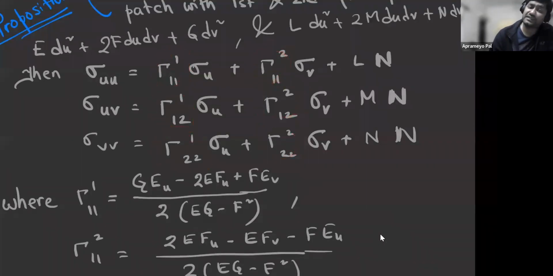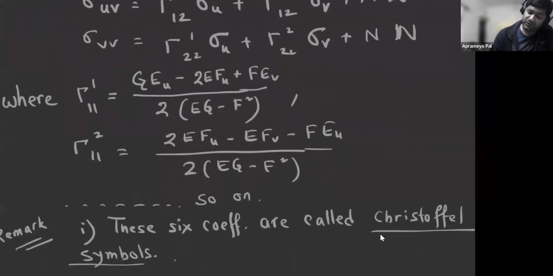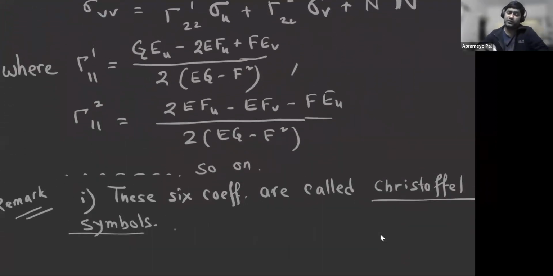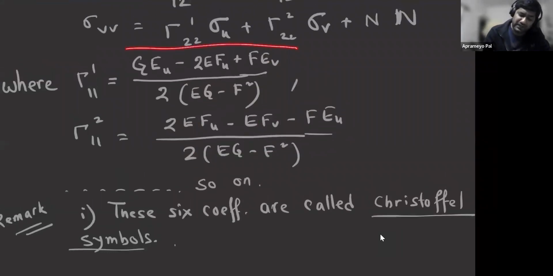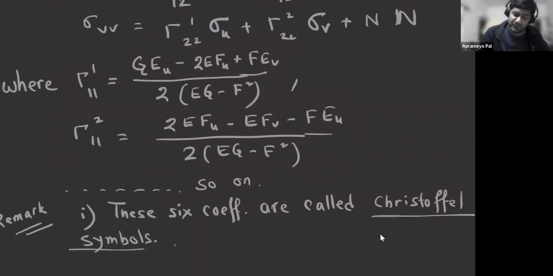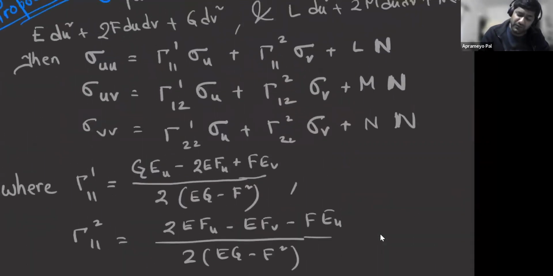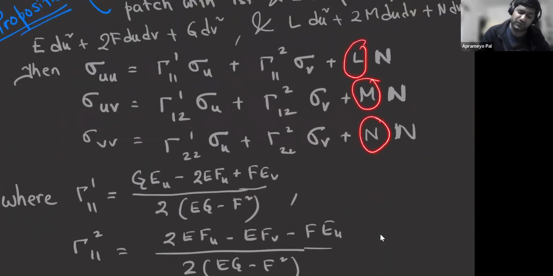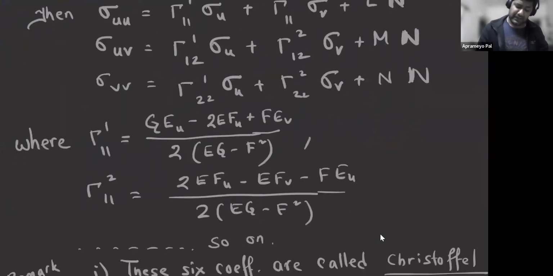So there are a total of 6 symbols. They will actually be important later to determine some nice global properties. One thing you should immediately see is that if you check only this one or this one, they only depend on the first fundamental form, and the second fundamental form coefficients are the last coefficients here.